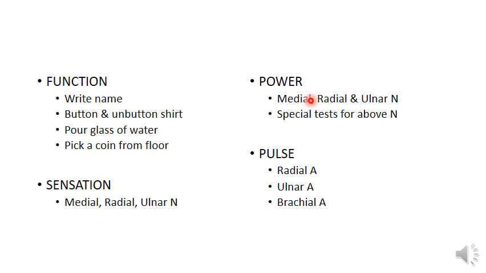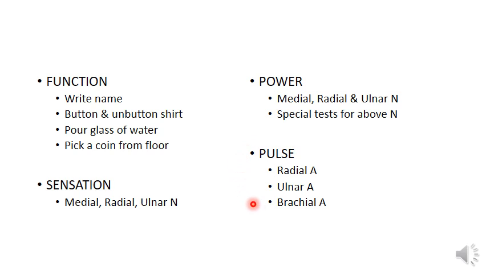The power for the median, radial, and ulnar nerves needs to be checked, and there are certain special tests for these nerves which we'll be discussing separately in a different session.